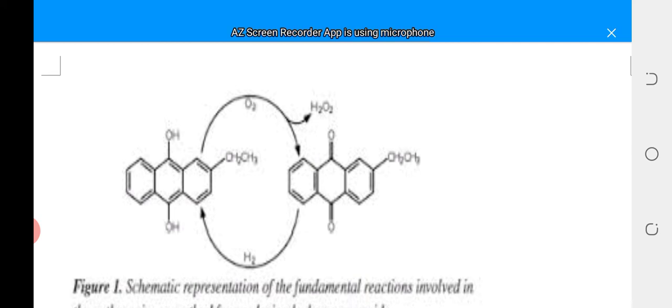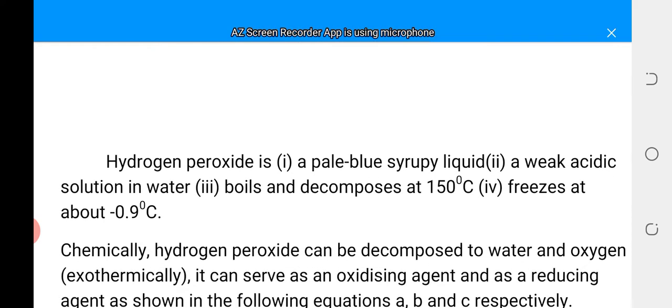So moving forward, what do we see as regards the physical properties of hydrogen peroxide? This hydrogen peroxide we're talking about, how does it look? Hydrogen peroxide is a pale blue syrupy liquid. It forms a weakly acidic solution when it's put inside water.